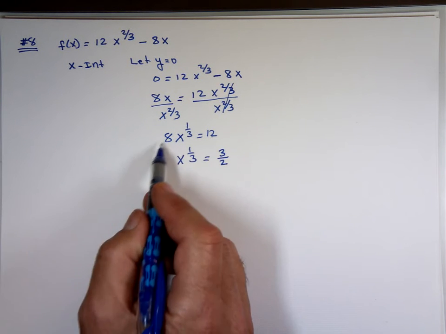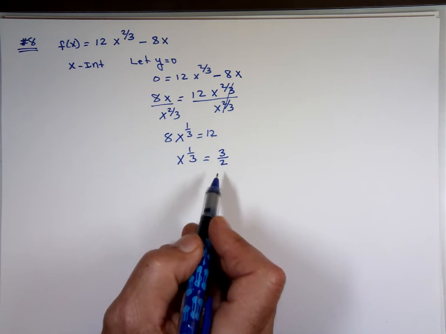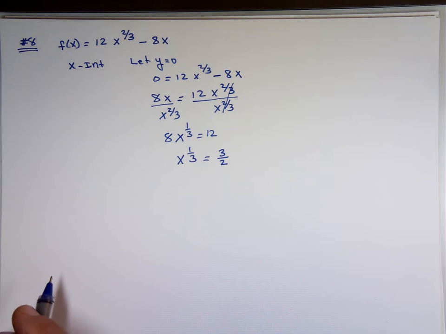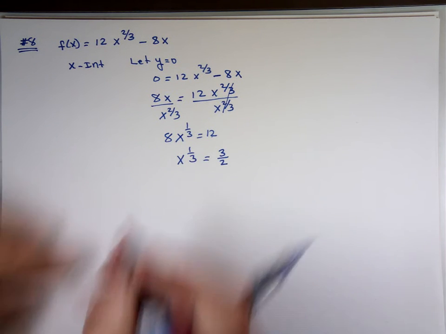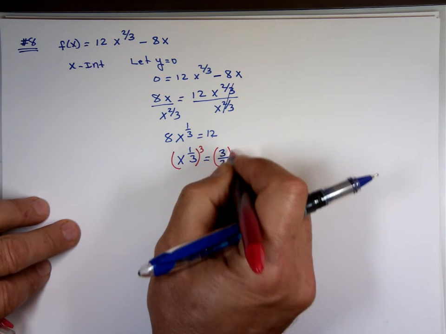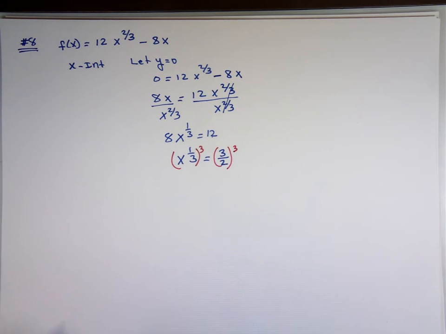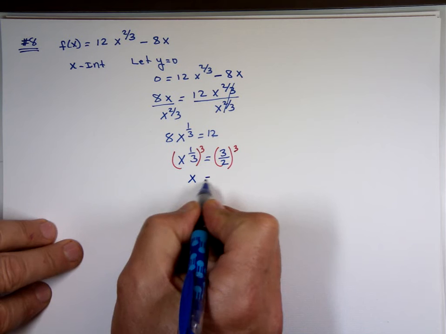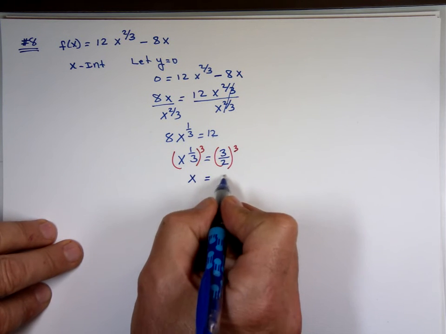How do you make it x? This is x to the 1/3. Don't you cube it? So what is x equal to? What's 3 cubed? Is that 81? What is 2 cubed? 8.